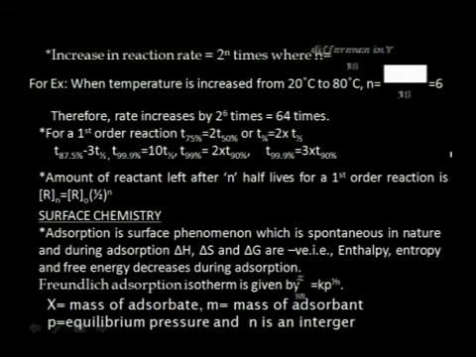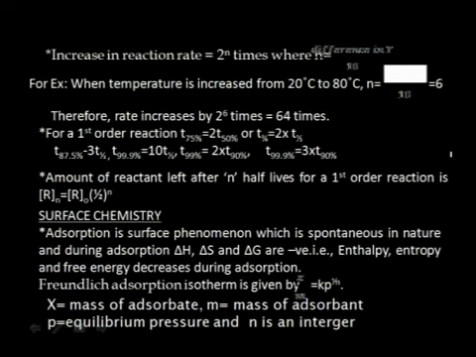Now when you look at the rate law equation, rate is equal to K into NO squared into O2. If the volume of the reaction vessel is doubled, for example, if you have kept 2 moles in a 2 liter container, and the volume of the container is enhanced from 2 liters to 4 liters, the concentration becomes half.